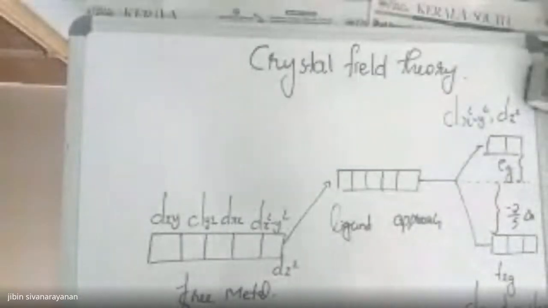These two orbitals are above the barycenter by 3 by 5 delta O, with a positive sign. The negative sign implies stabilizing, and the positive sign implies destabilizing.